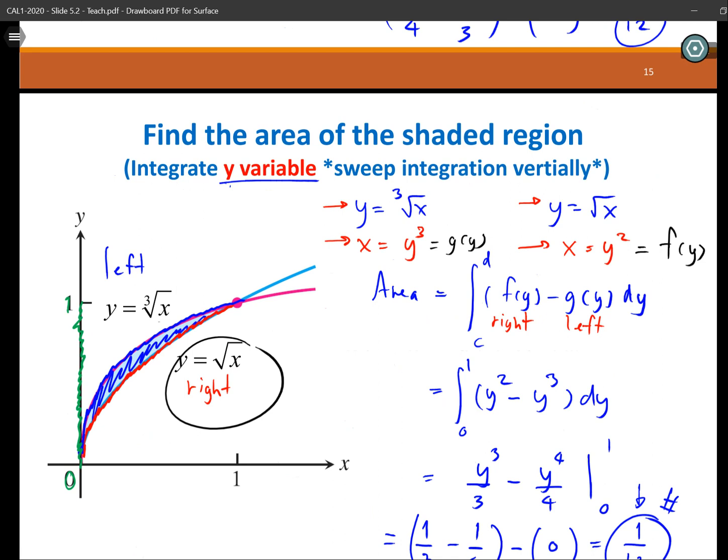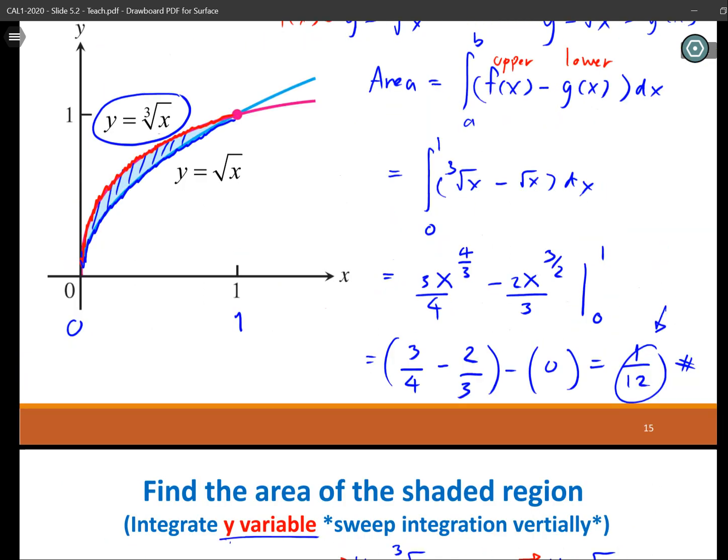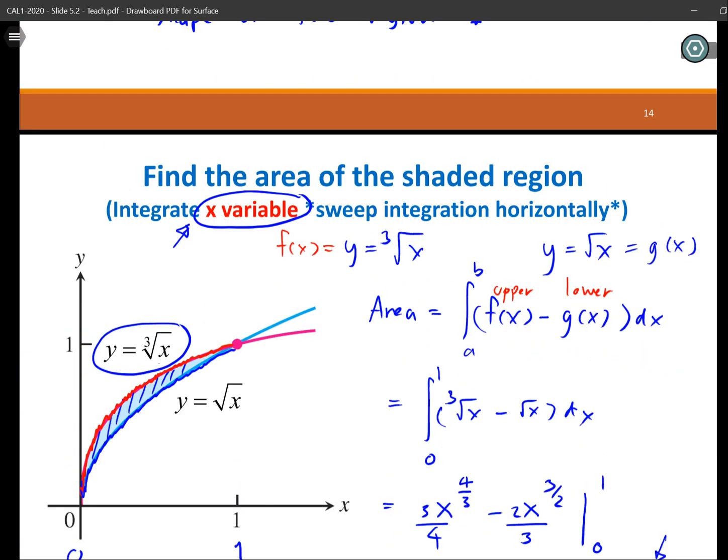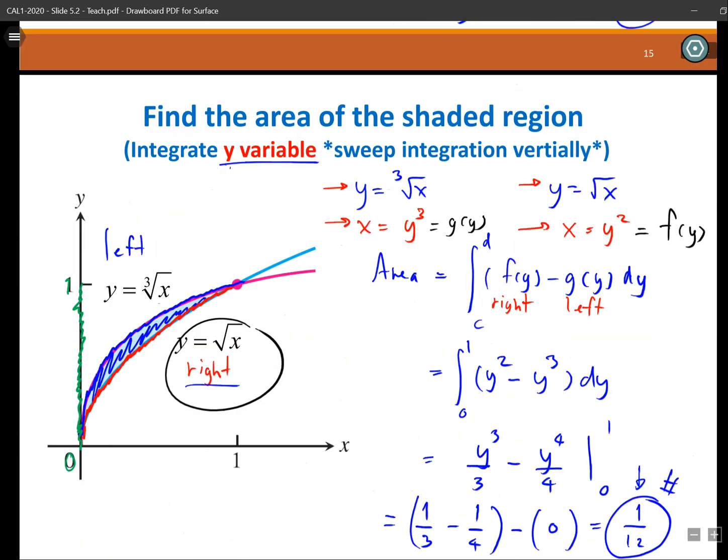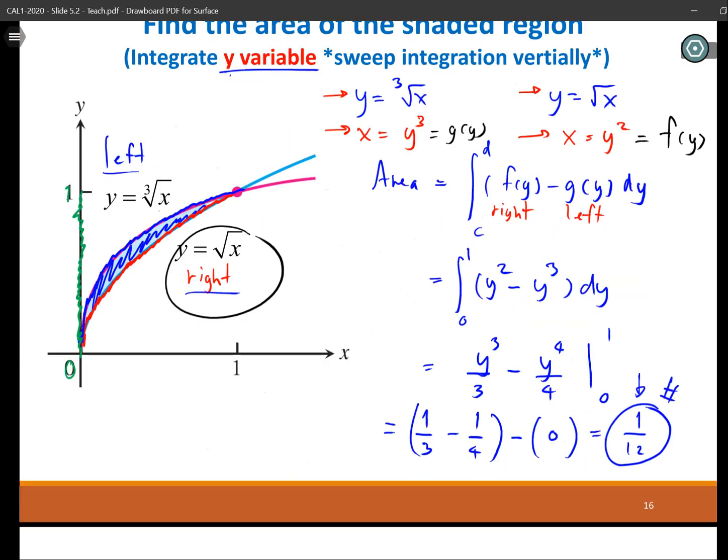It's just how you interpret this region, whether you have base and top, or the right boundary and the left boundary. It's just how you see it. All right. So it's important that you look at the shape and determine which approach to work on.